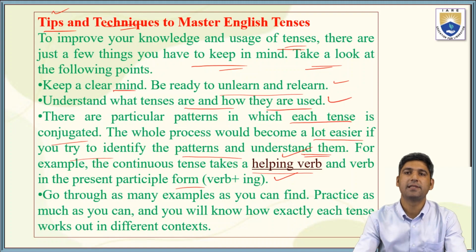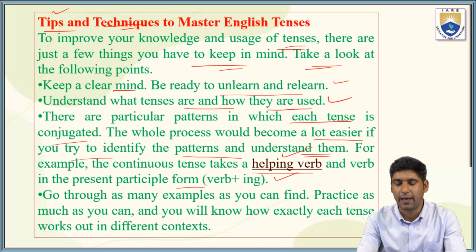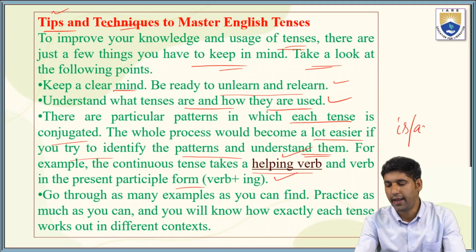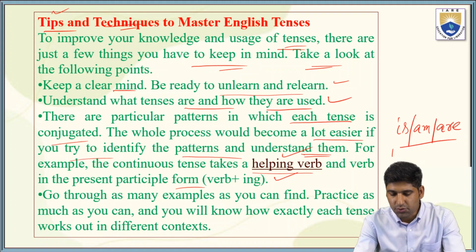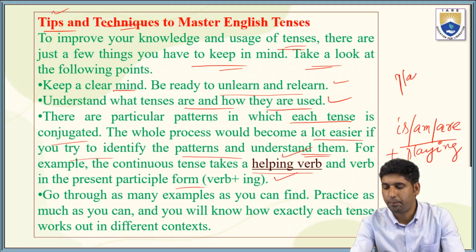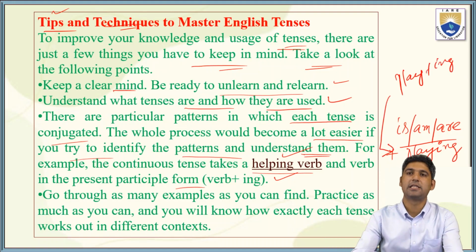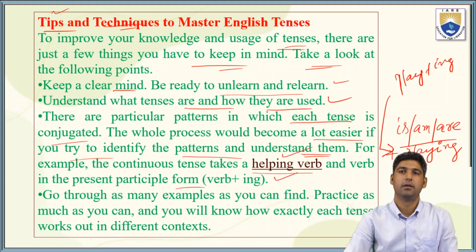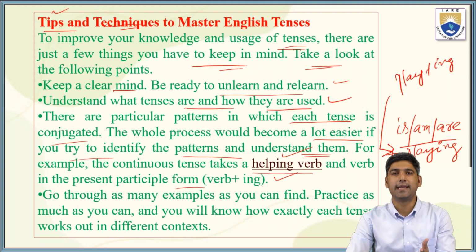When we are making a present continuous tense, we need the helping verbs is, am, are, plus the present participle form of the verb, that is verb plus ing, like playing. Because we have play plus ing, then it became the present participle, playing. So this is a pattern.